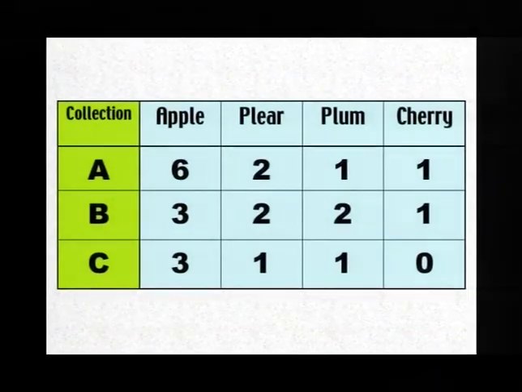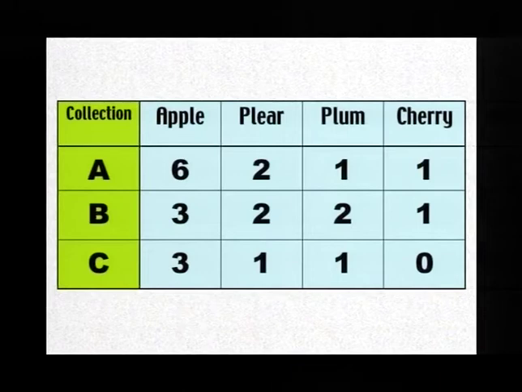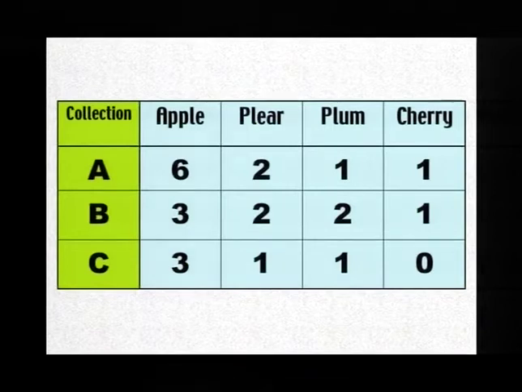There are 3 collections: A, B, and C. In collection A, there are 6 apple trees, 2 pear trees, and so on, 1 plum tree and 1 cherry tree. You understand the table? Okay, so that's the collection.